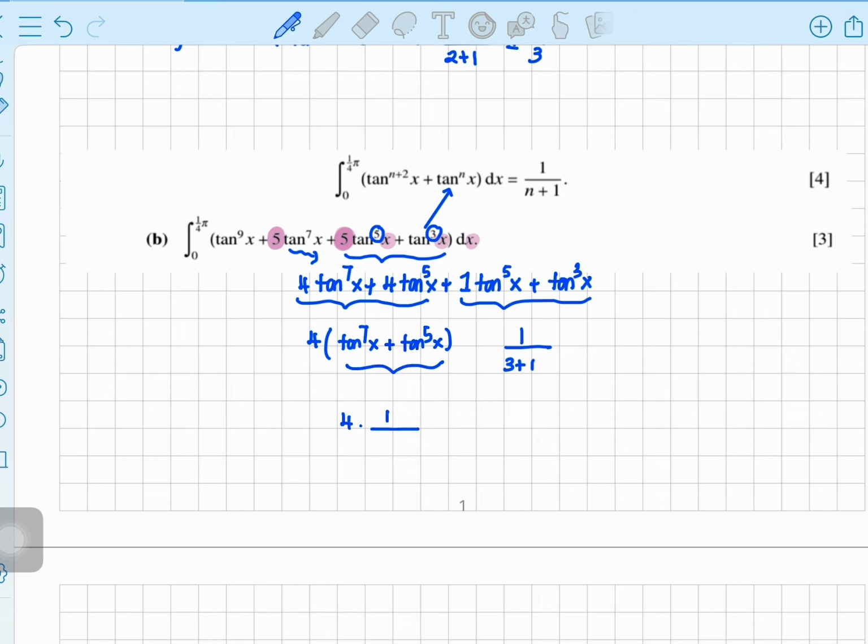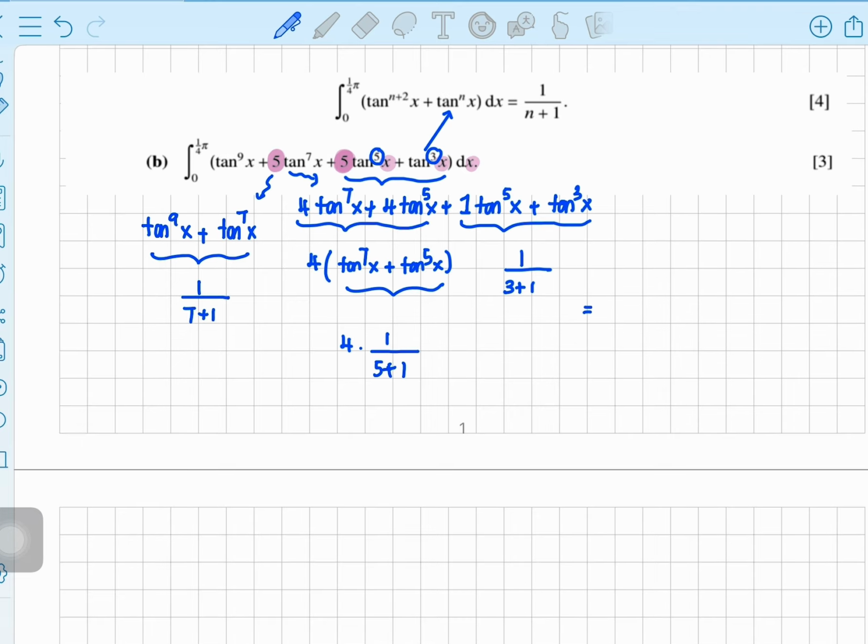What is the n now? I have a 5 and a 7, so my n has to be 5 plus 1. How much more do I have left here? 1 of tangent to the power of 7x, which I can pair with tangent to the power of 9x. So all of this is going to give me 1 over 7 plus 1.